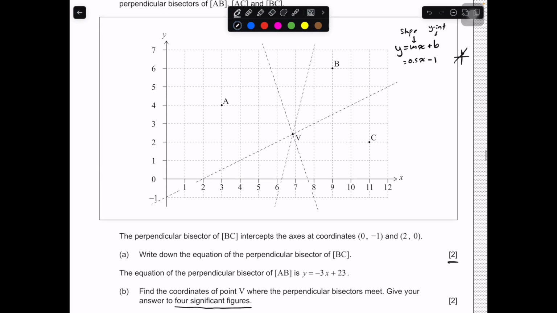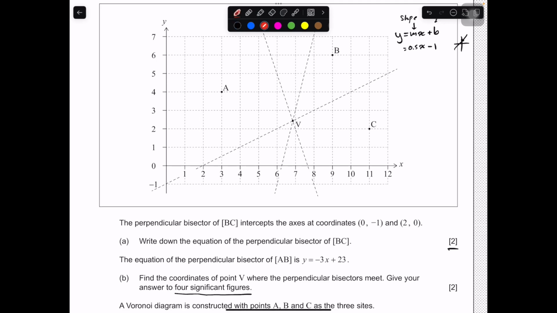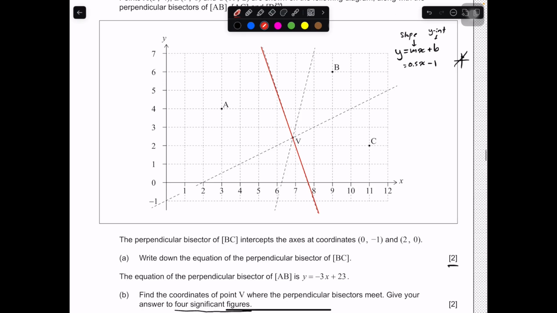So they tell us the perpendicular bisector of AB is this right here. And we just found the perpendicular bisector of BC right here. So let's maybe use this color. Alright, and the question is, well, where do they meet?